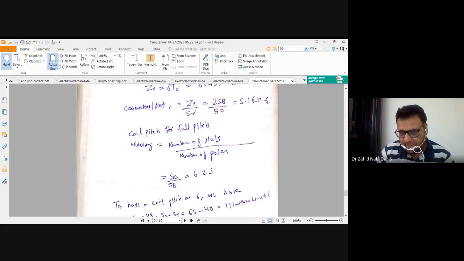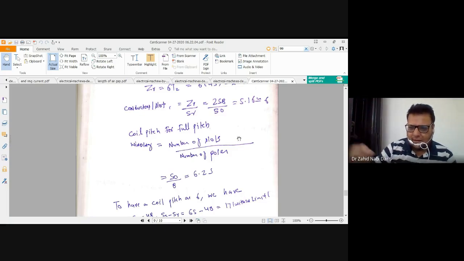But again, the difference between SR and SS should not cause harmonics, and we have to see to it that the difference between them is like 15, 17, like that. The reason I considered 50 here is that it was giving me a lesser difference, so it would have induced more flux.